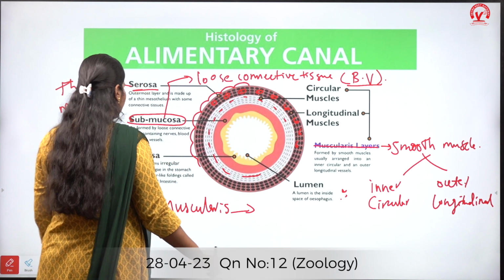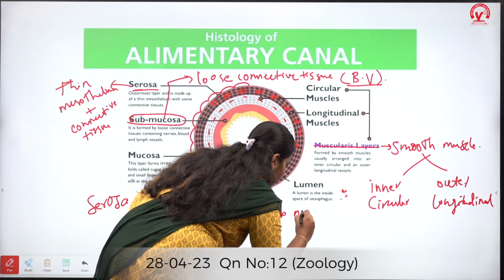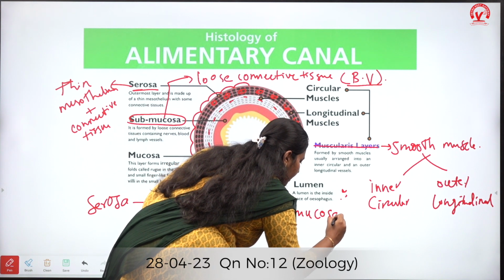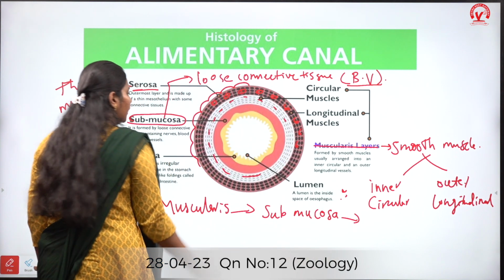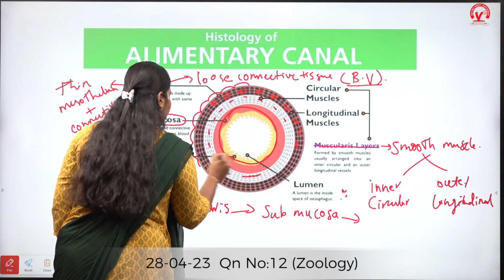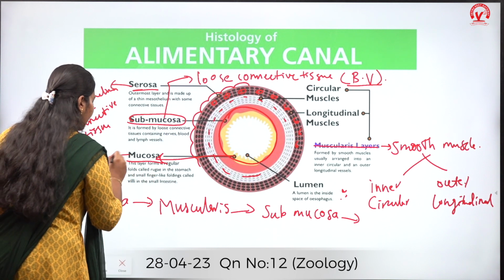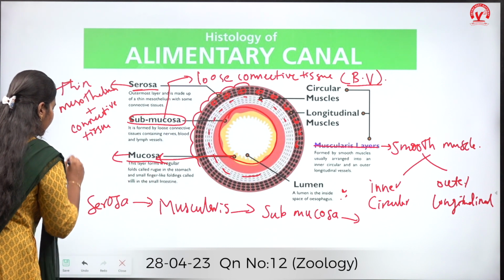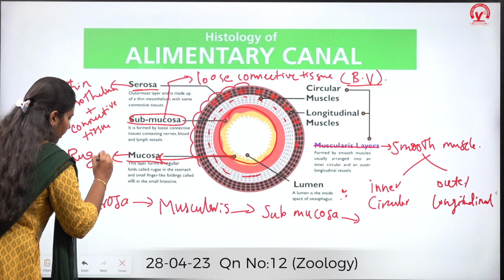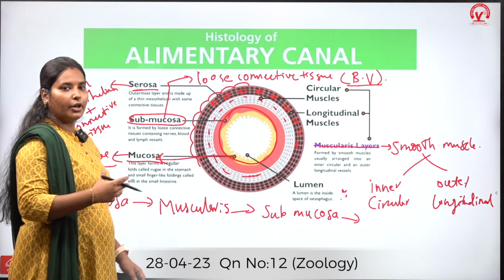So the third layer is submucosa, and the innermost layer is called the mucosal layer, which has a number of irregular folds called rugae, which help in the folding of foods.